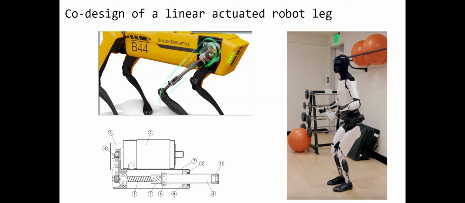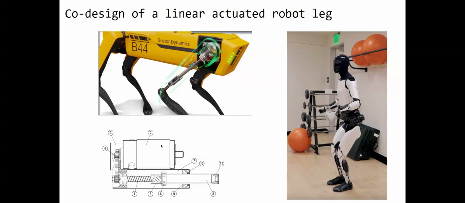But a linear drive makes us able to move backwardly, and its back drivability is very good, which can be used, for example, for recuperation of the energy of the motor. For example, when the leg lands on some kind of surface, it starts to move the nut and then starts rotating the screw, which starts rotating the motor.